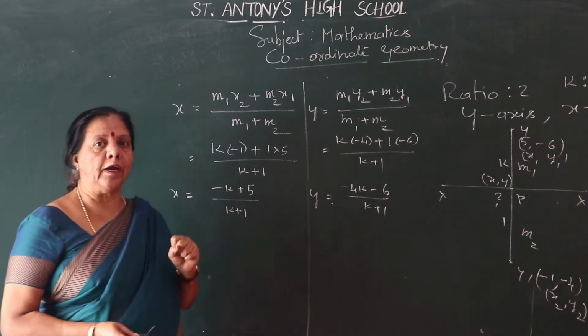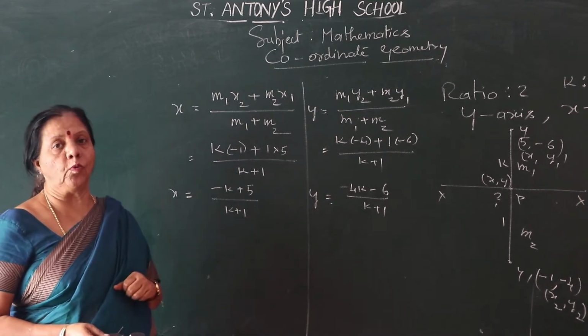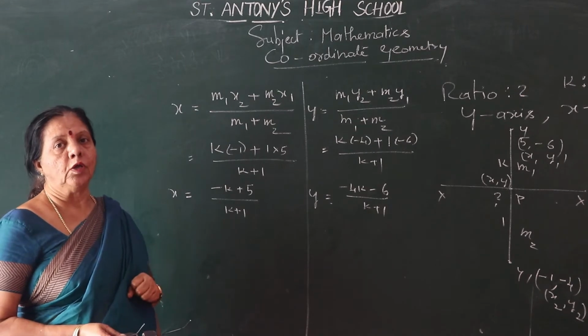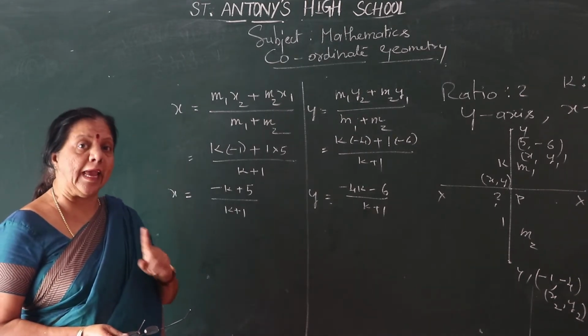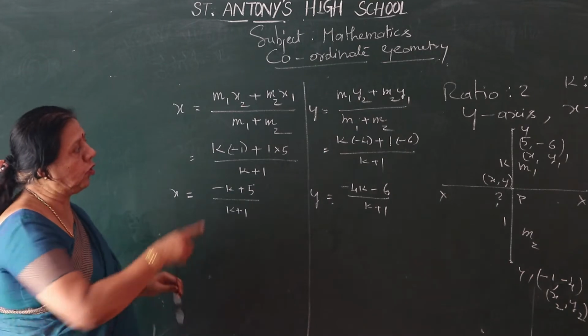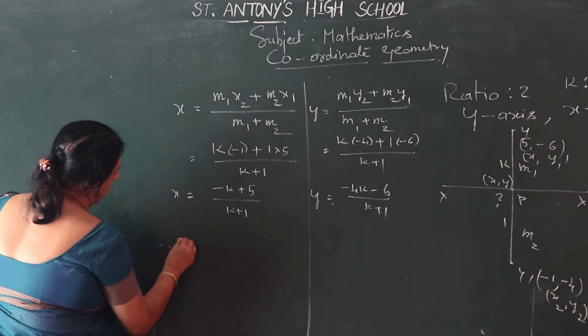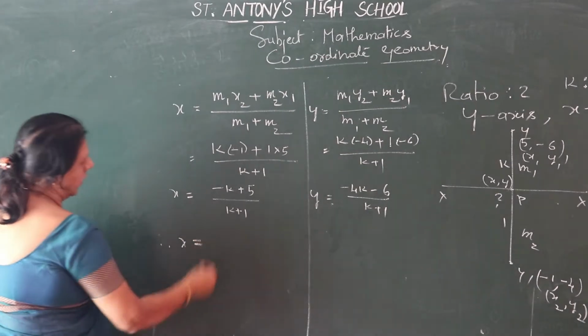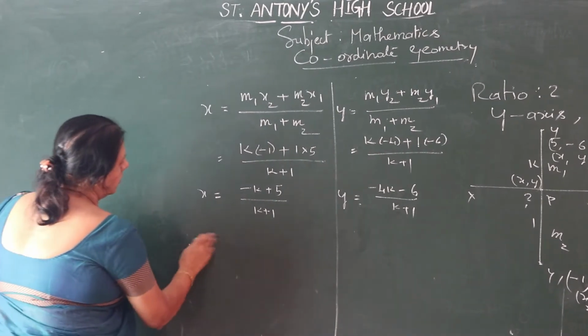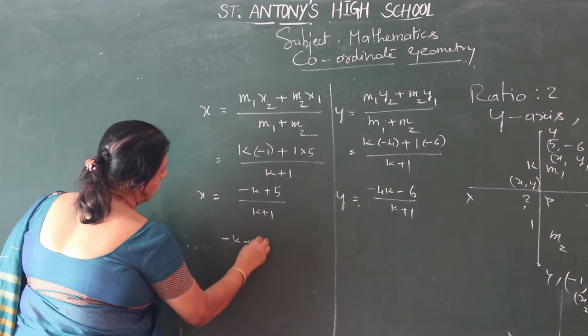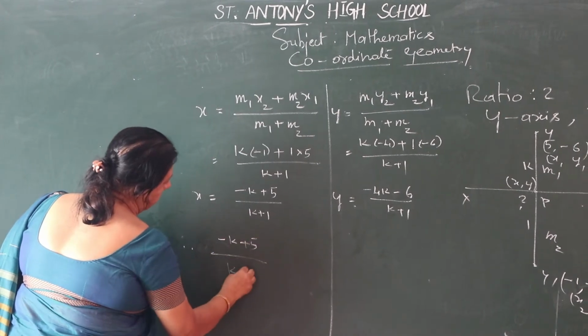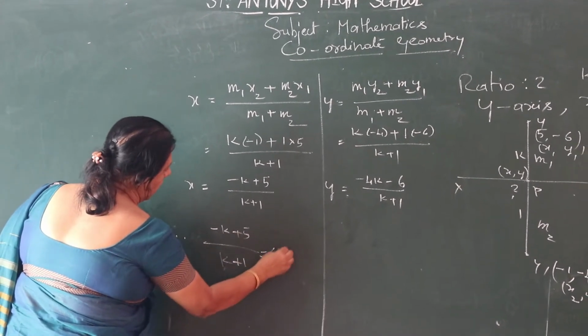Now you have to find out the xy value. So now you have to find out the k value. X is equal to 0, already I have given. Therefore minus k plus 5 by k plus 1 is equal to 0.